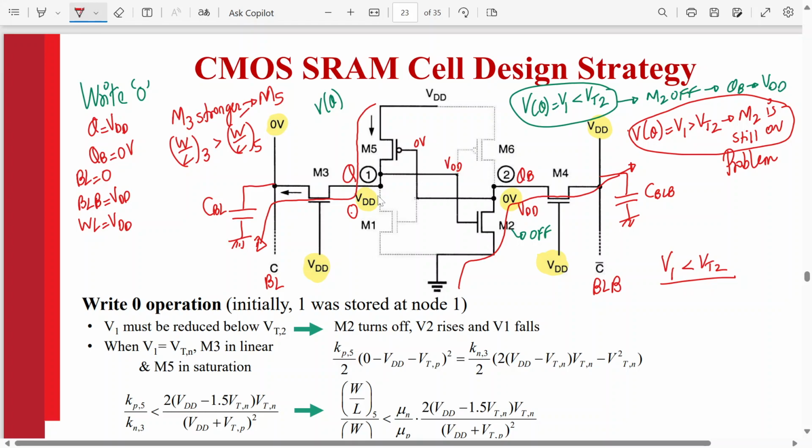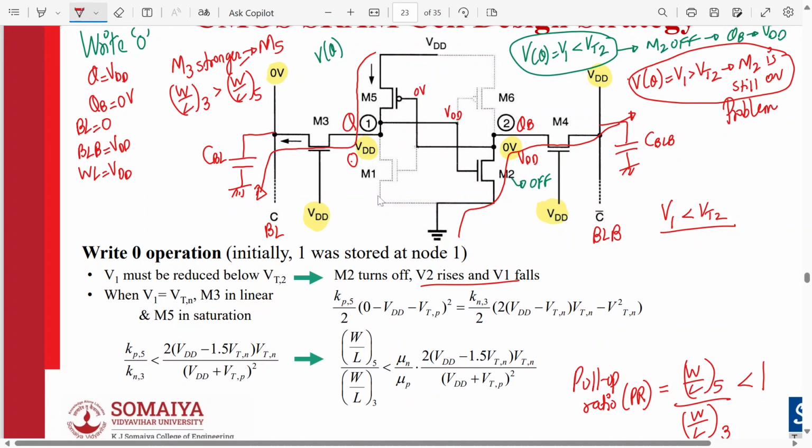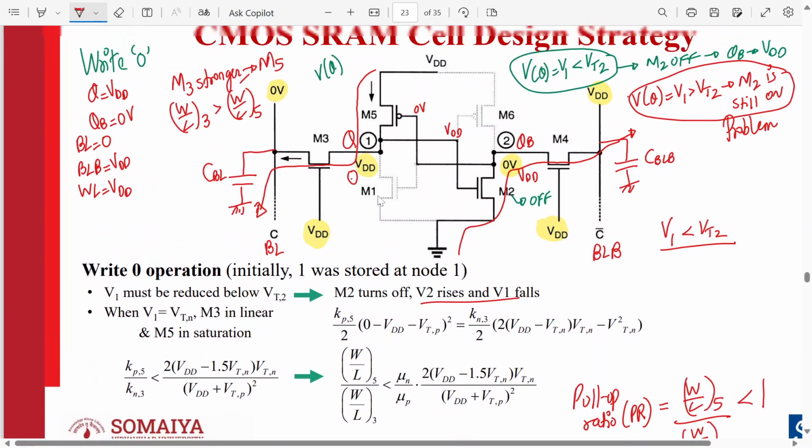That means V2 rises and V1 falls. This should happen. And again the condition is written over there. It's clearly seen, and this is called the pull-up ratio. Pull-up ratio PR should be equal to W by L of 5 upon W by L of 3, and this should be less than 1. That means W by L of 3 should be stronger than W by L of 5.